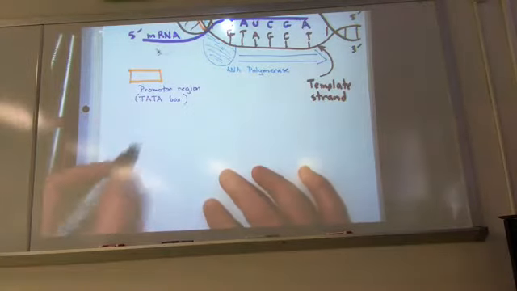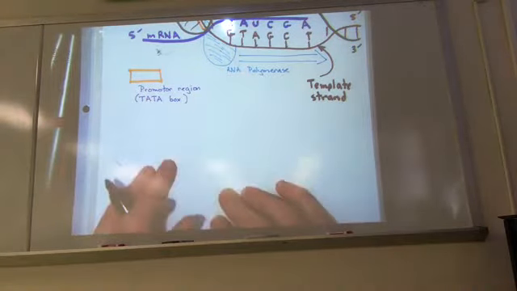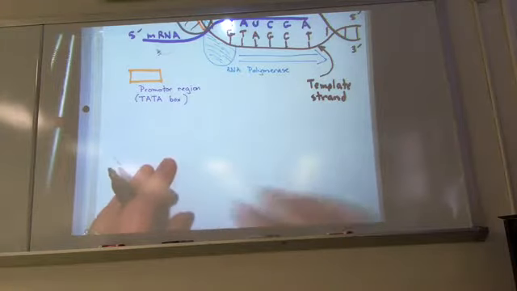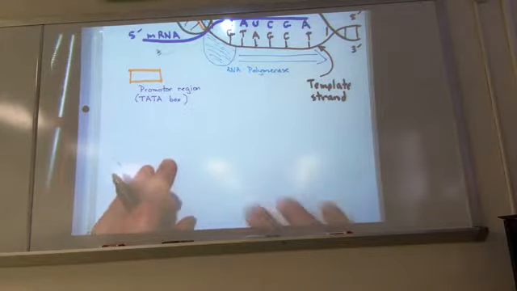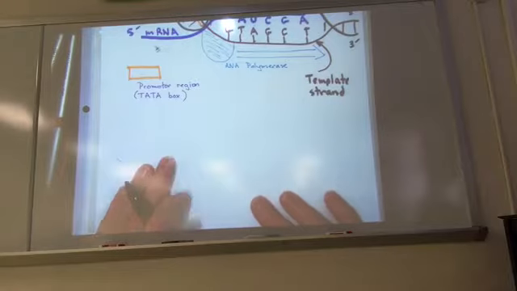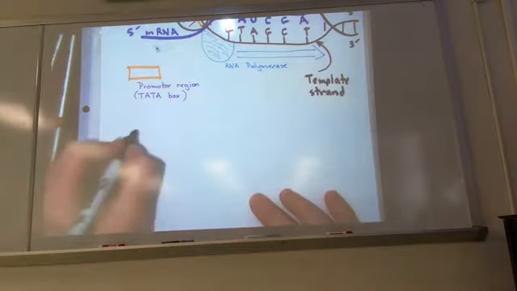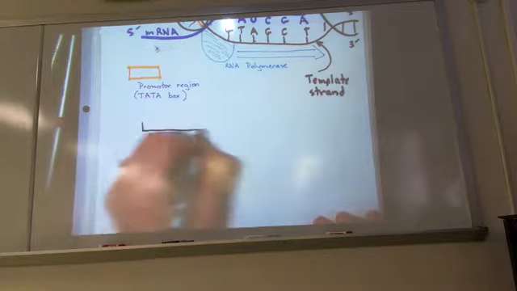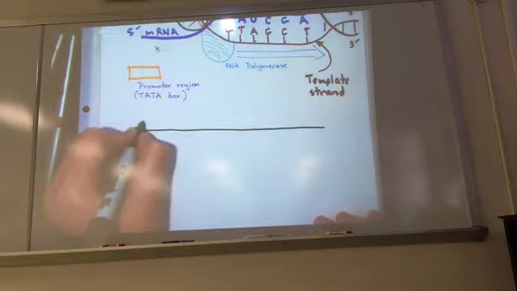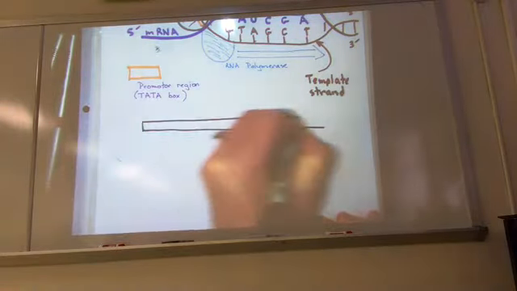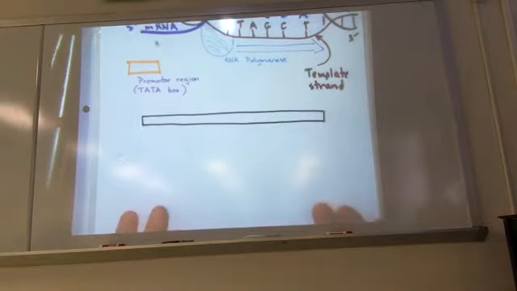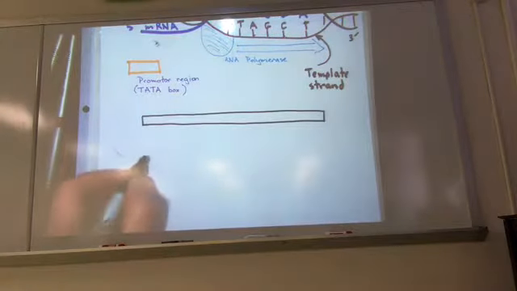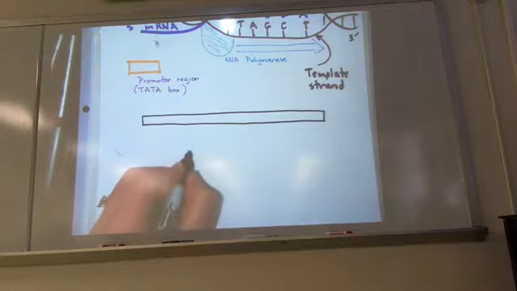All right. So what we're going to draw under here is what the mRNA looks like before and after processing, a representation of that. So to space it out, I'm going to make a narrow rectangular representation of the mRNA before processing, and then another representation after processing.